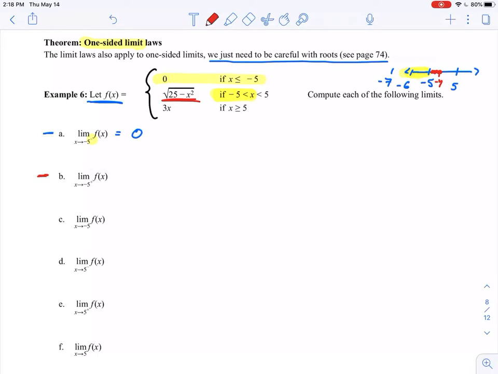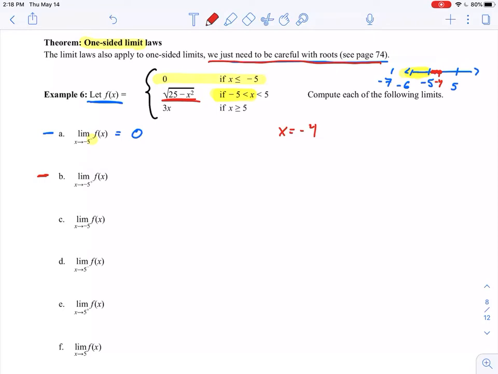But we said earlier that we want to be careful with these roots. So I'm going to make sure that my function exists on that side of -5. You might take a number that is greater than -5, say x equals -4; you could take -4.5 or -4.9, just something on the right-hand side of -5.